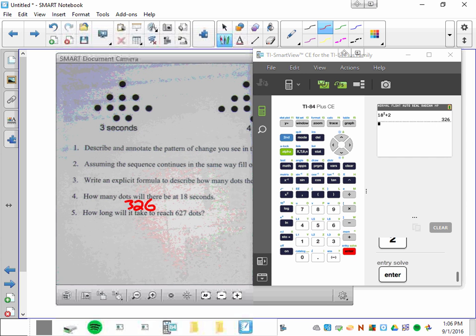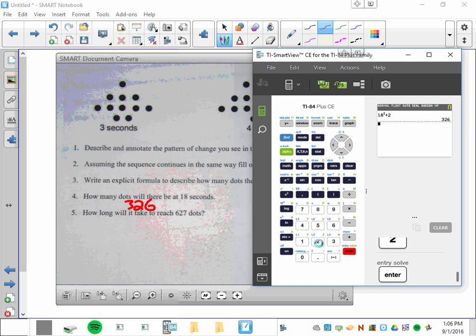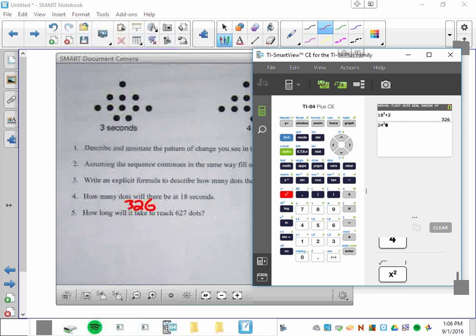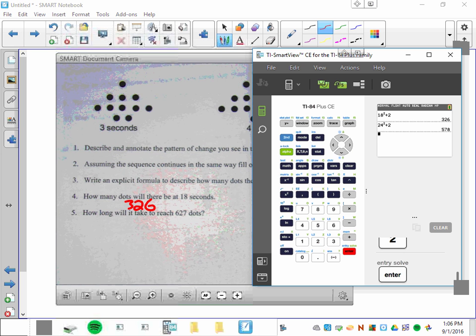How long will it take to reach 627? There are a couple ways to do this. We could just keep trying numbers. Say 24. So 24 squared plus 2. That's not enough, so maybe 30. 30 squared plus 2. 902, that's too much.